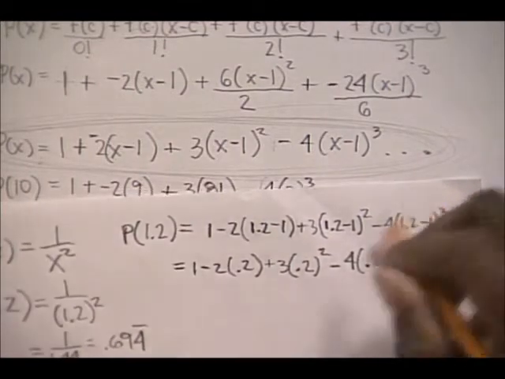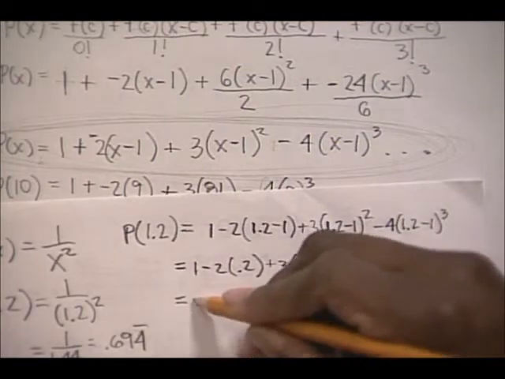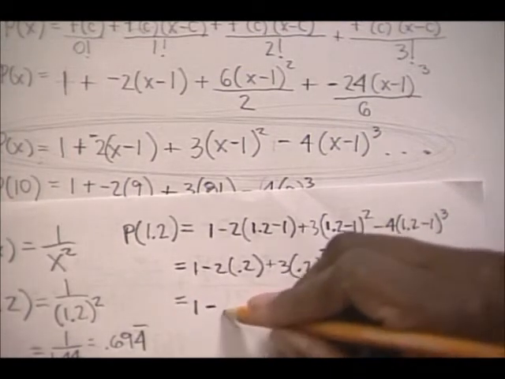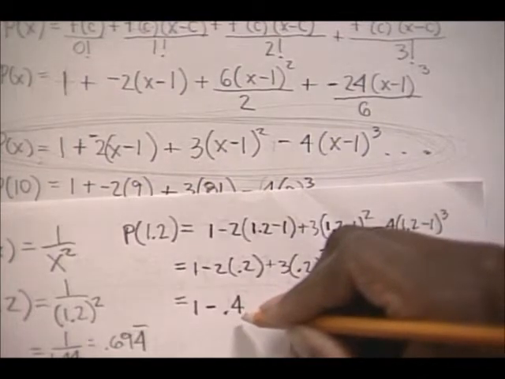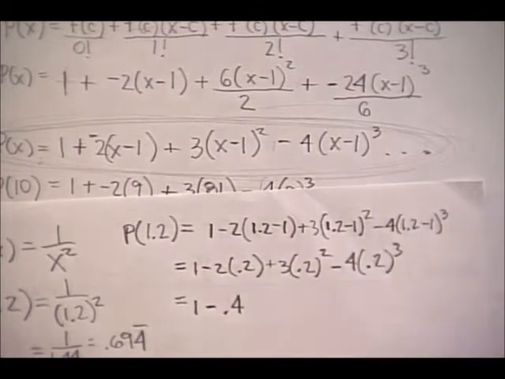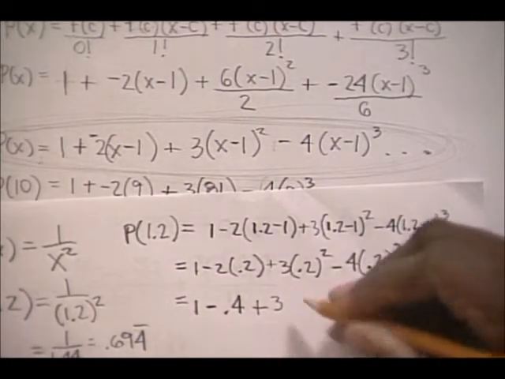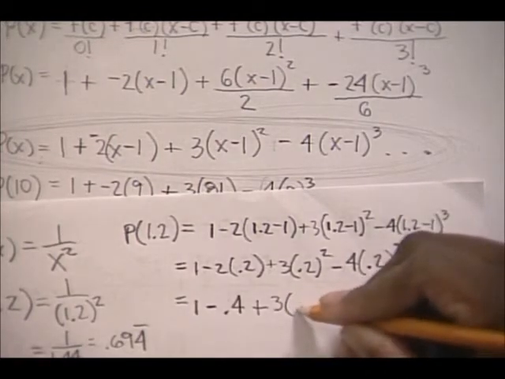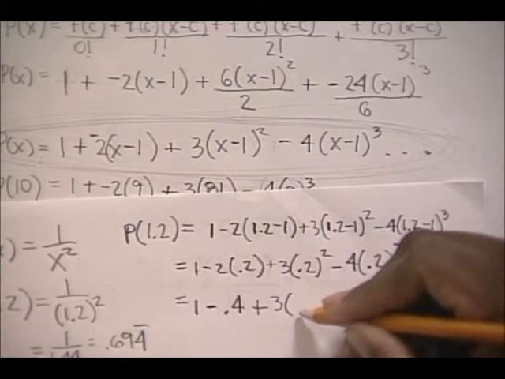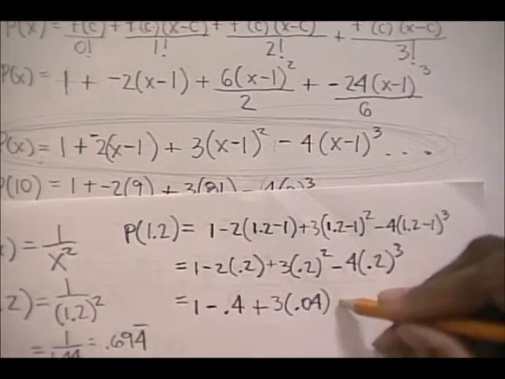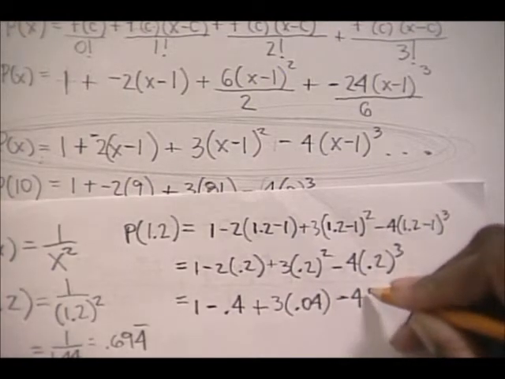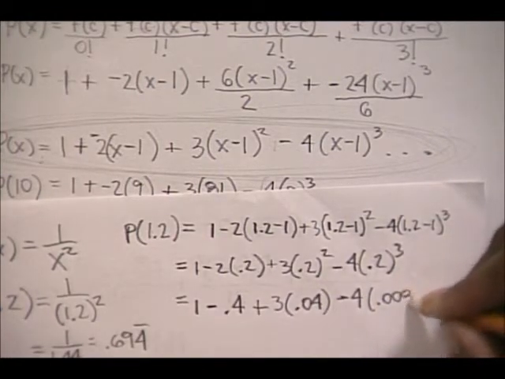All right, let's figure out what that is. 2 times 0.2 is 0.4, so 1 minus 0.4, and we end up with plus 3 times 0.04, which is 0.2 times 0.2, and minus 4 times 0.008.